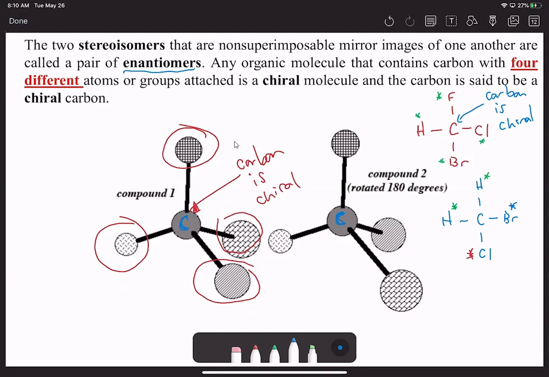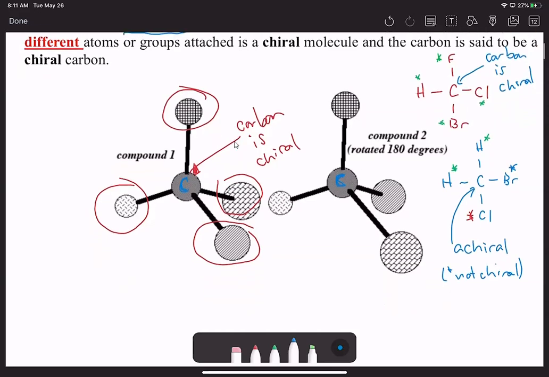So because of that, we only have 3 different things, which makes this carbon what we're going to call achiral. And achiral just simply means that it's not chiral, right? So we now have an understanding of what a chiral carbon is and what an achiral carbon is.